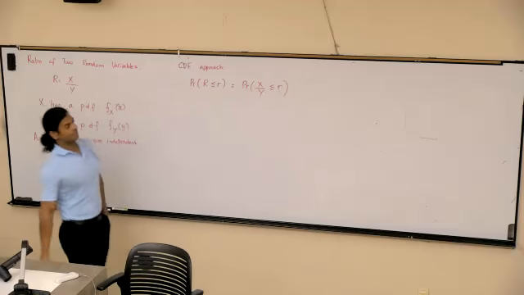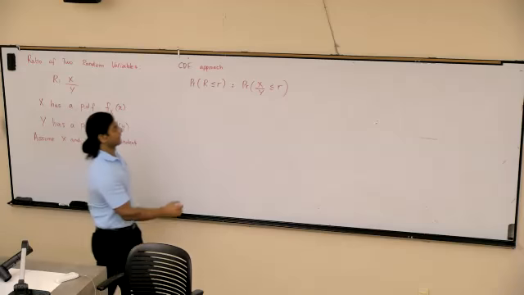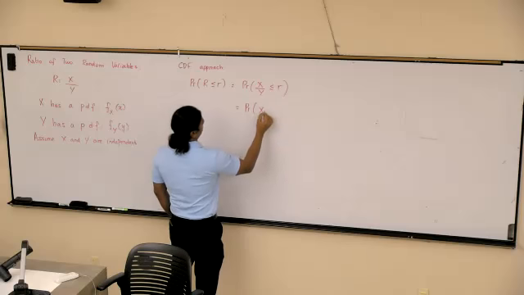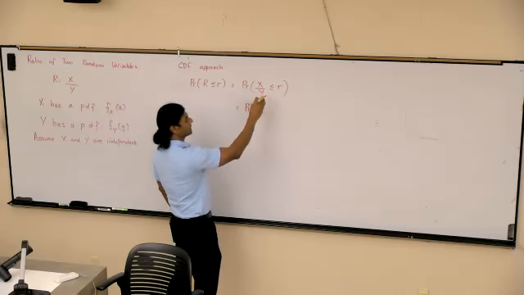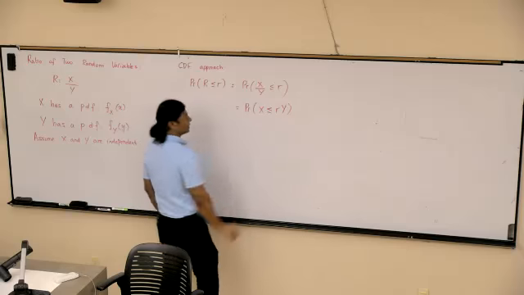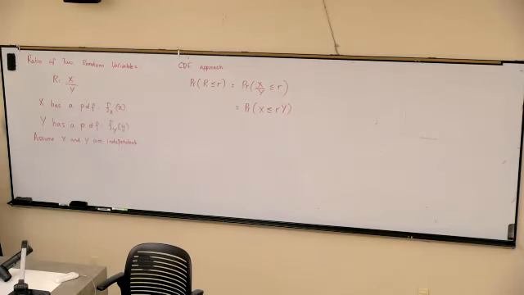The probability of X over Y being less than or equal to r, which would imply X is less than or equal to rY.